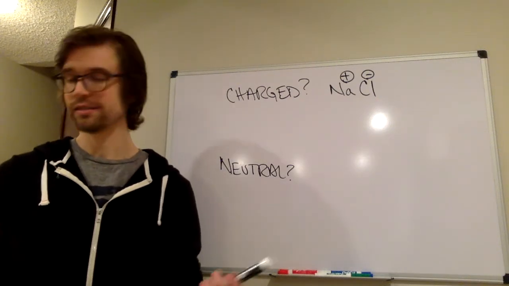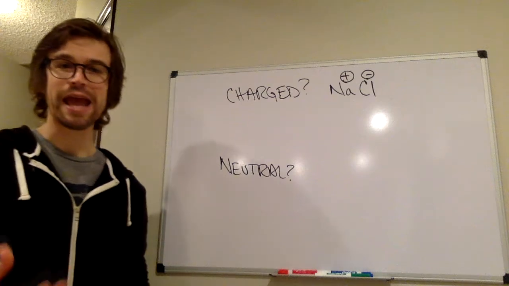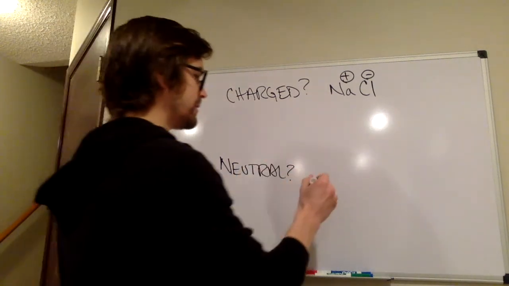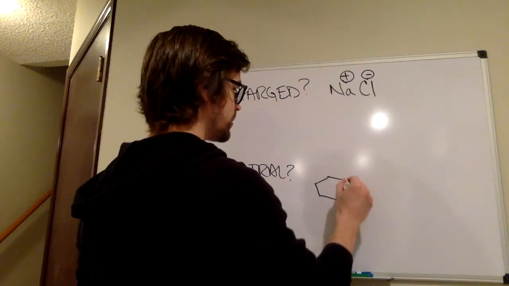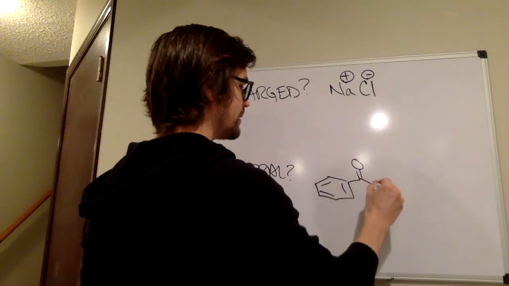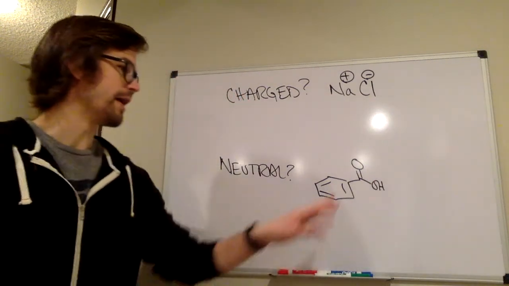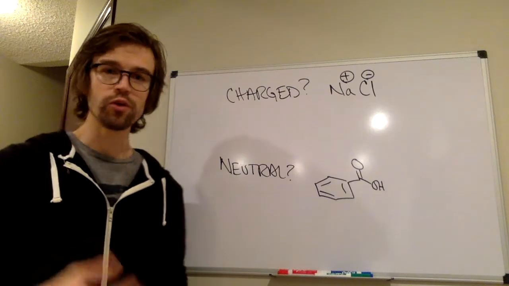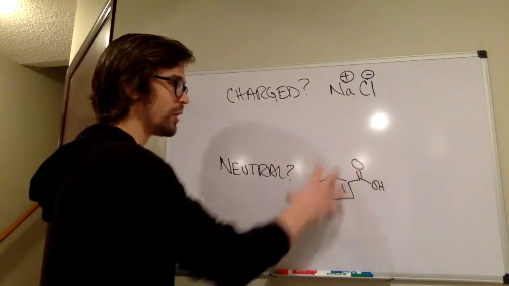What's the next solute we looked at? Benzoic acid. So what is benzoic acid? Benzoic acid has a bunch of carbons like this, and then it has a carboxylic acid. So that carboxylic acid functional group was neutral. This molecule as a whole is neutral.